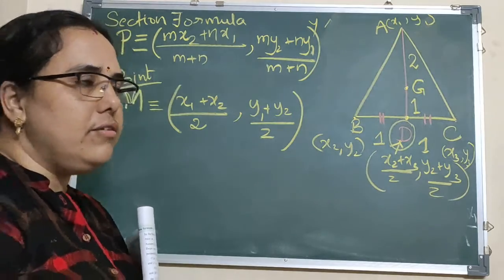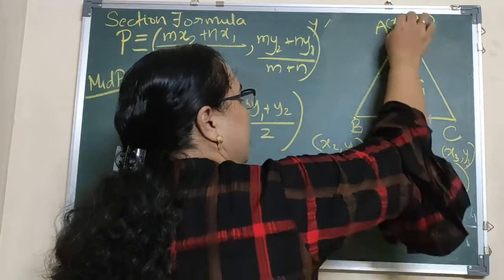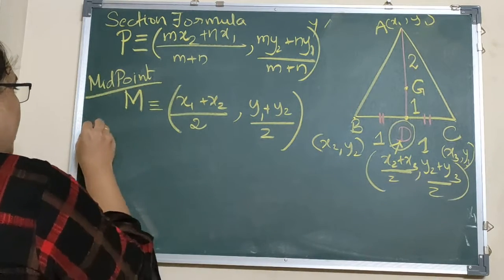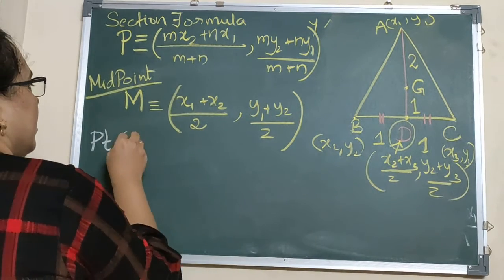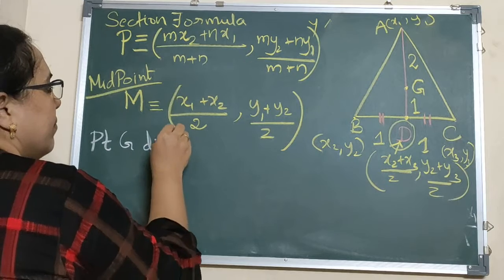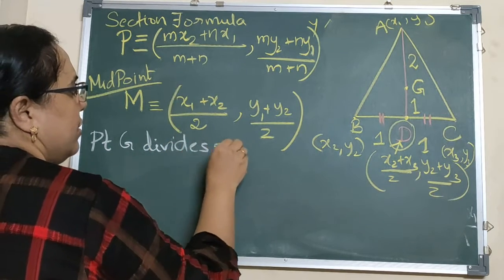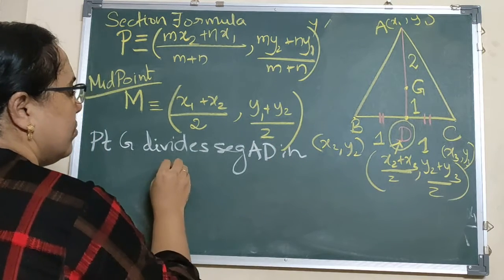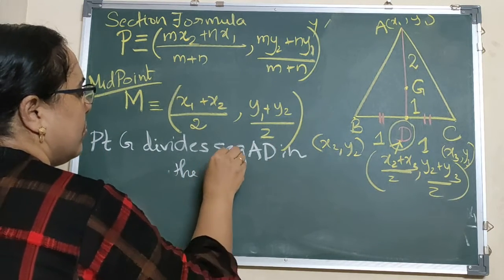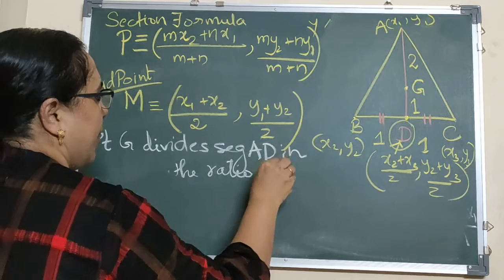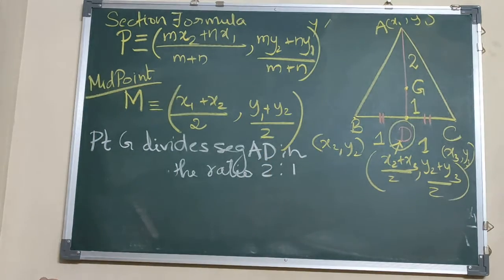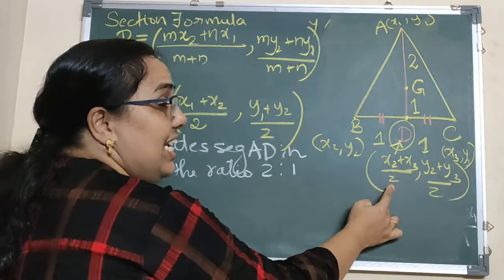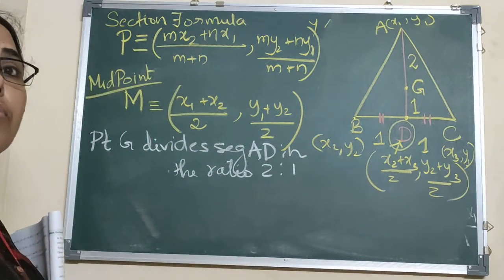Once we get this, what is G doing? G is dividing segment AD in the ratio 2:1. So what is the x coordinate of A? x1. What is the x coordinate of D? x2 plus x3 upon 2.